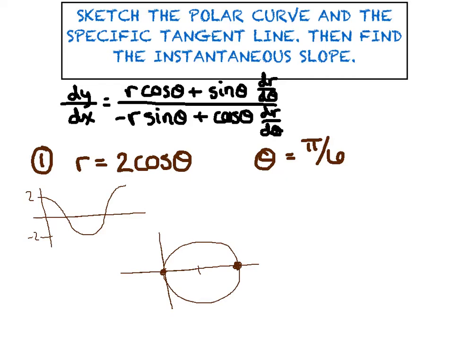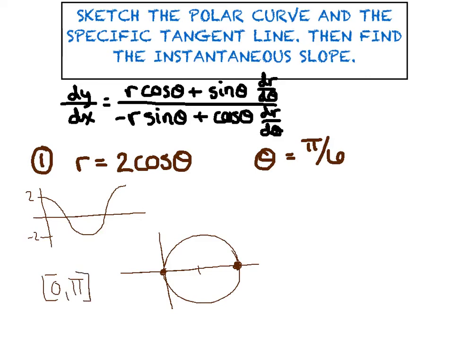I'm going to see if I can erase some of that. Let's see if we can redo some of this a little bit here real quick. Okay, that looks slightly better. So you were expecting a circle symmetric with respect to the x-axis. And we knew that we were going to be able to draw that circle within the first pi radians. Anything beyond pi would be just retracing the same circle we already have.